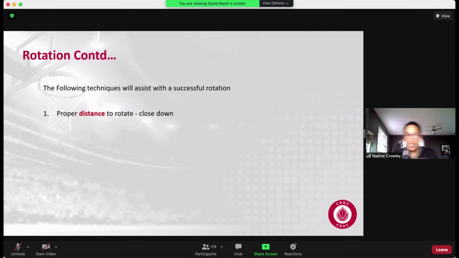The lead shouldn't have to call across the key unless the center releases the play or doesn't have a call on it, but the lead does see illegal contact when the play is going to the basket, and if it's a secondary defender.